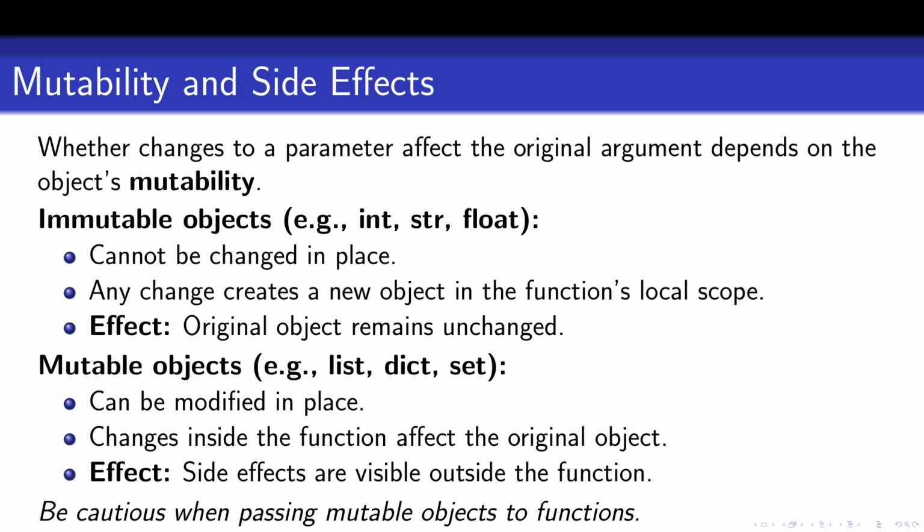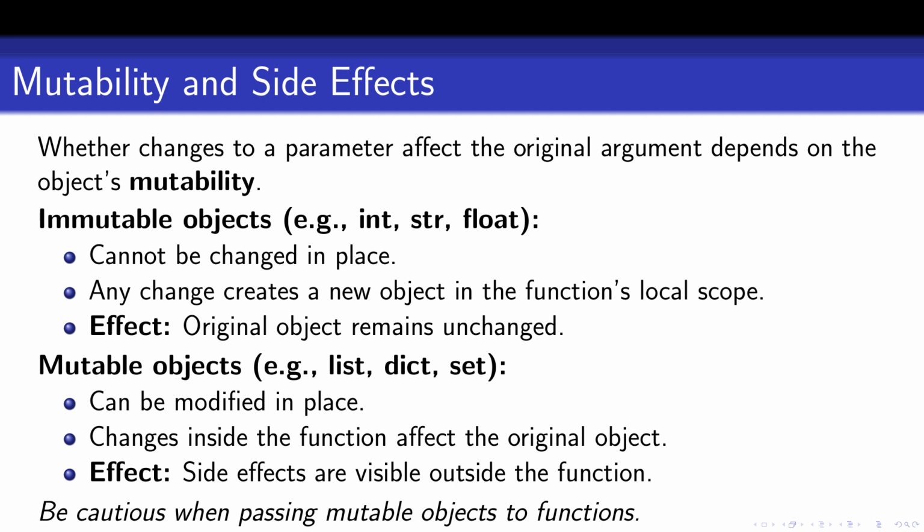Whether or not a function modifies its input depends on the mutability of the object being passed in. Python distinguishes between mutable and immutable objects. Immutable objects, such as integers, strings, and floats, cannot be changed in place. When you modify them, Python creates a new object in memory, and the original remains untouched. In contrast, mutable objects like lists, dictionaries, and sets can be changed in place.